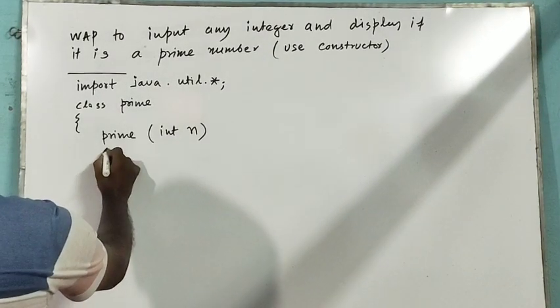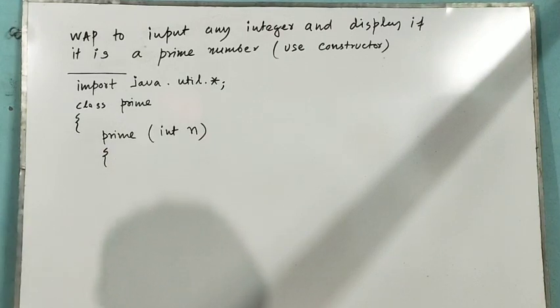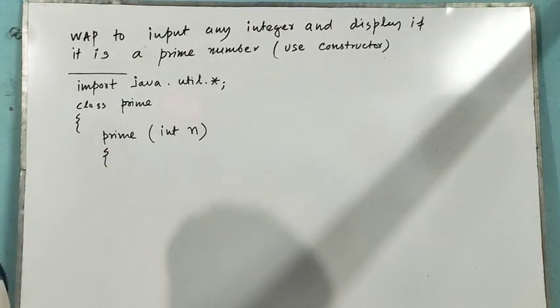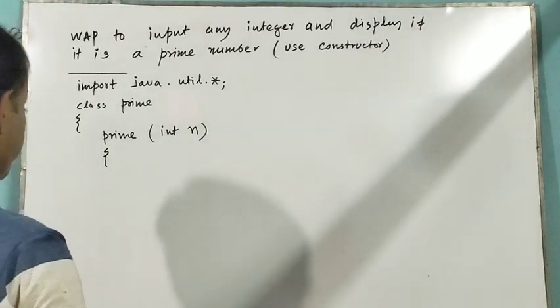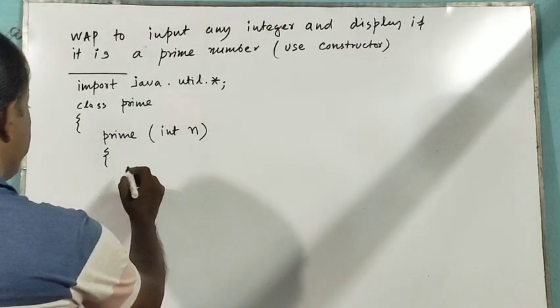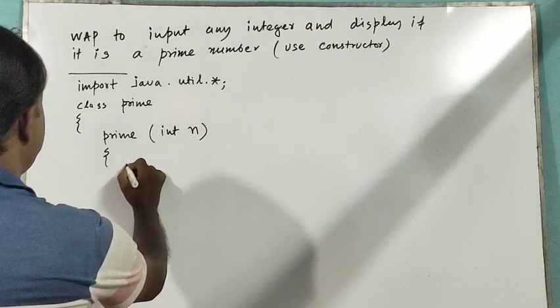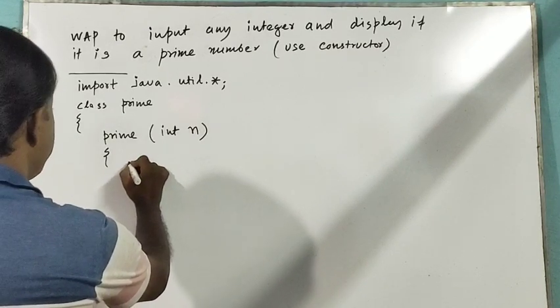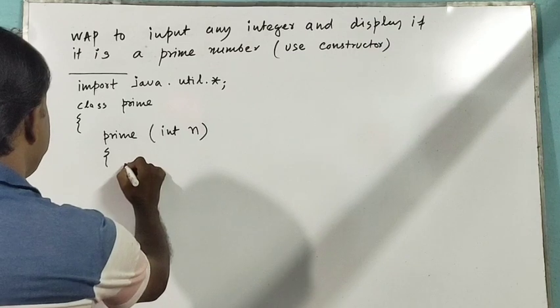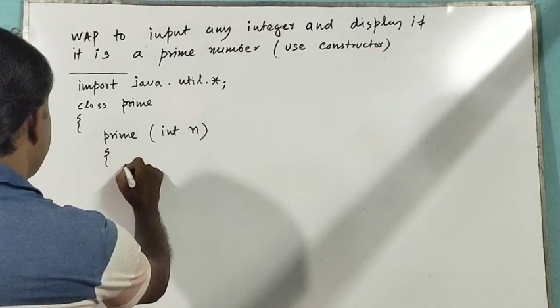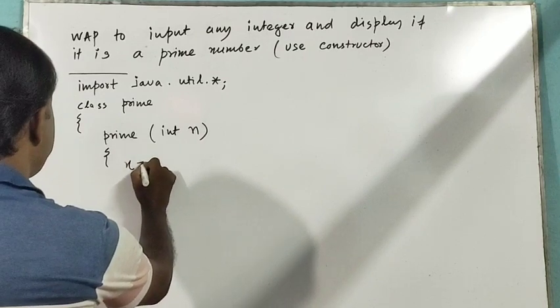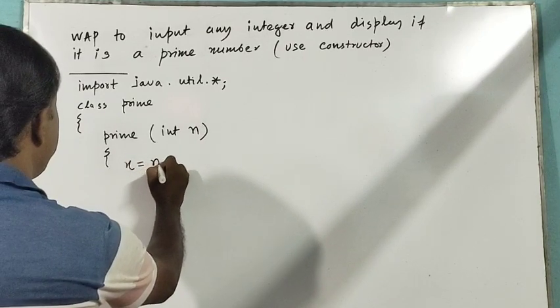Now here we have an opening brace, that means we are going to write the body of the constructor. In the body we will assign the initial value for the variable: x = n.